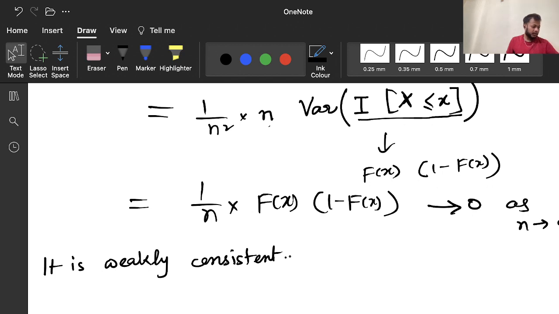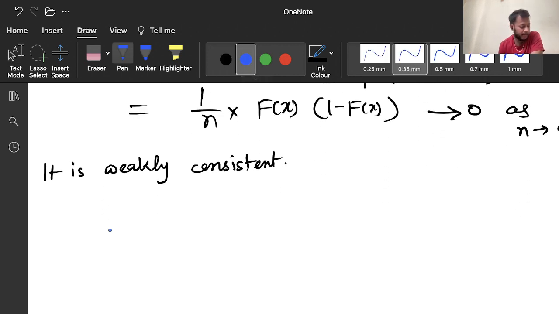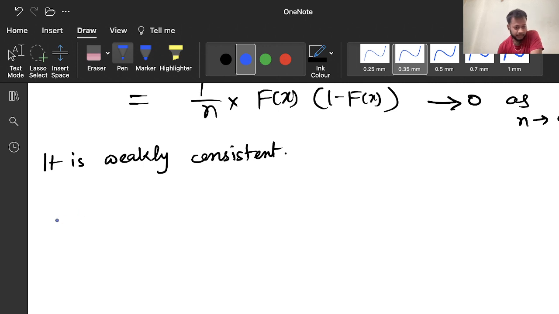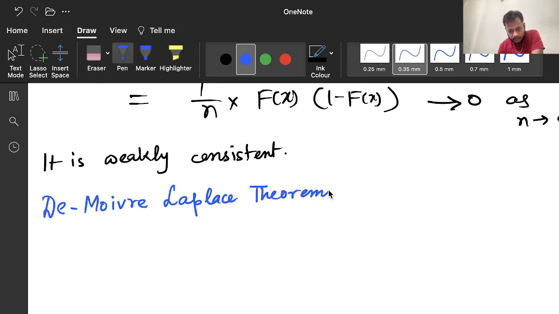And we can also apply, since we know its mean and the value of this mean, the central limit theorem, actually the De Moivre-Laplace theorem.